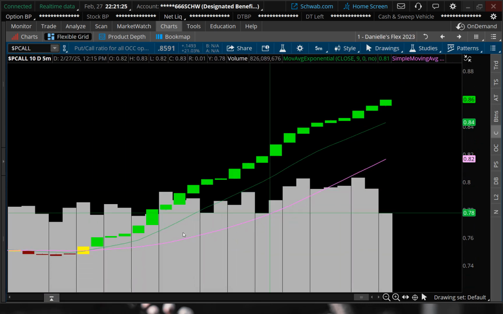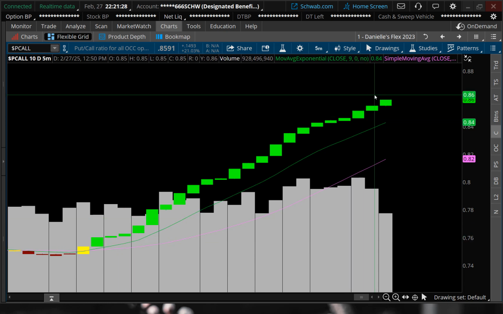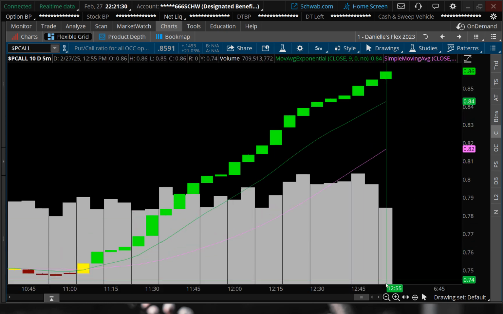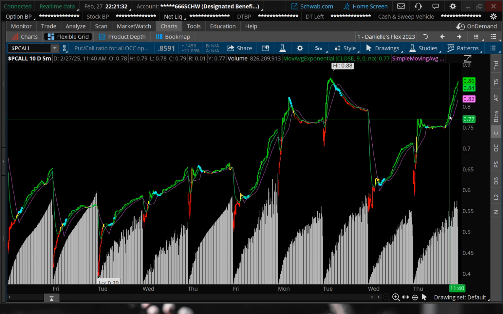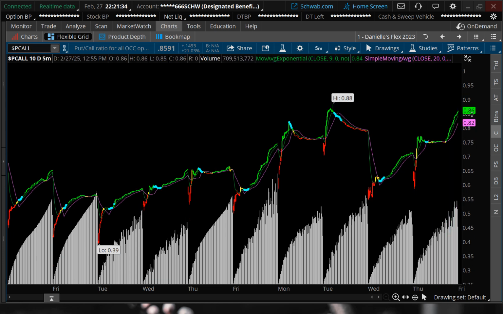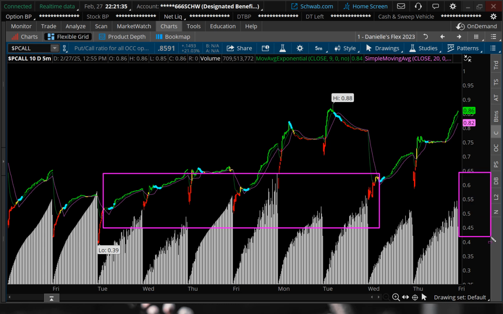That demonstrates that people are buying puts. Another thing that was really interesting about this, especially since I haven't really been trading since I've been on maternity leave, is that the put call ratio has been extremely low. Whenever the put call ratio is this low and then a flush comes in, that's when the market can really get hammered.